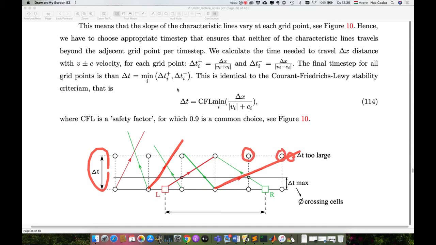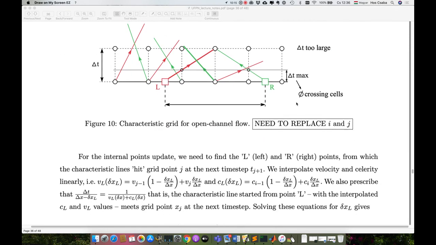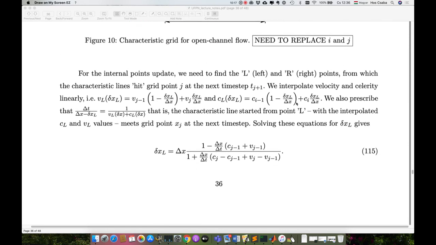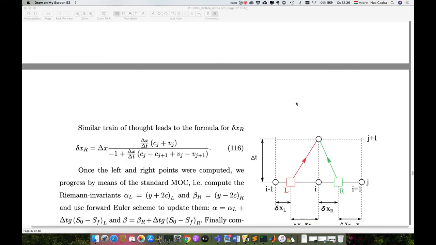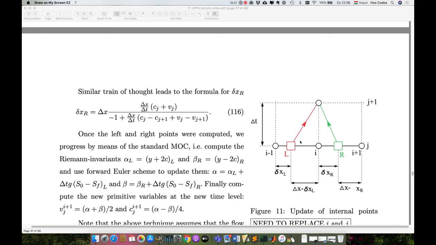So what we do is we limit the time step by this formula, which is also called the Courant-Friedrichs-Lewy stability criteria. This is a very, very well-known time step criteria. Okay, and then when we are trying to update the points, what we need to do, we need to find those left and right points which have the following property.